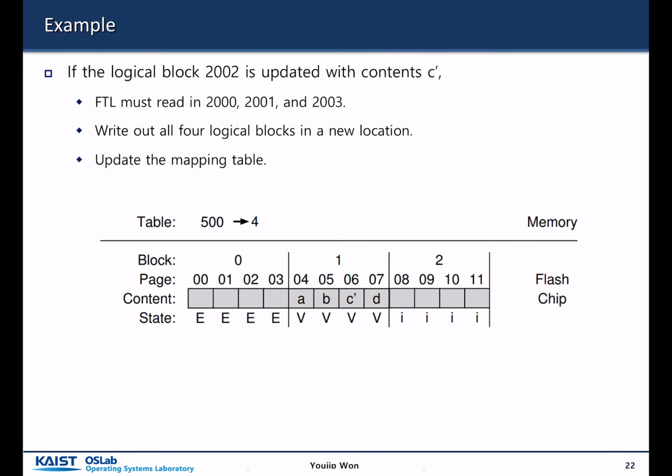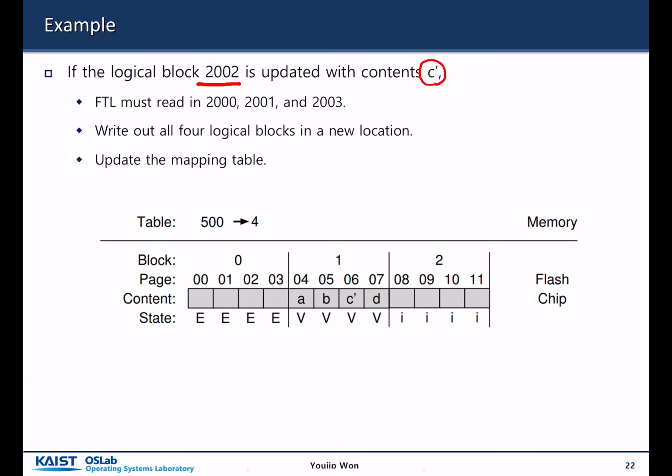Now, logical block 2002 is updated with the content C prime. In the previous slide, block 0 contains all 4 pages from 2000 to 2003, because in block mapping the relocation is performed at block granularity.